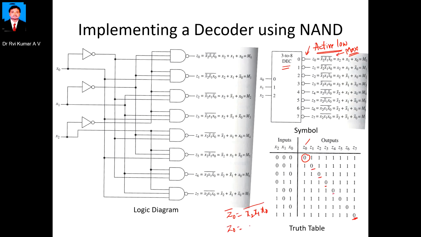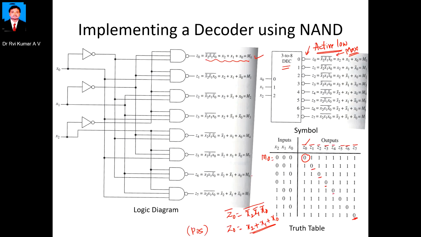So z0 is equal to x2 plus x1 plus x0. So this is what I get, the max-term of m0. Similarly, for decimal number 0, z0 is decoded as a max-term, and 1 is decoded as z1. So these are all active low outputs.